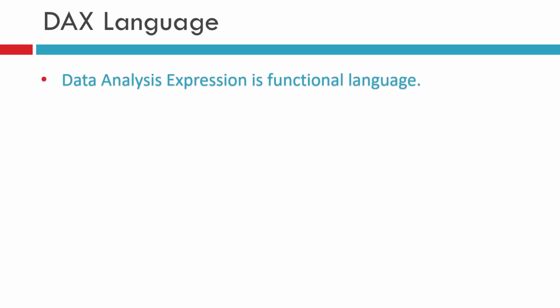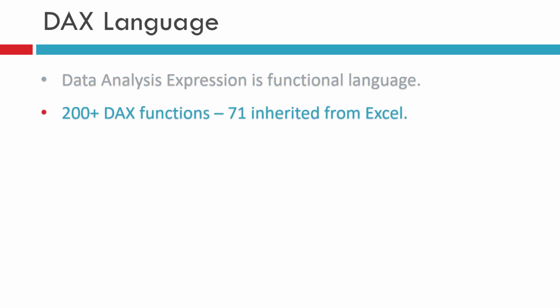Now, first of all, DAX stands for Data Analysis Expression and it's a functional language, which means calculations primarily use functions to generate results. There are 200 plus DAX functions, out of which 71 came straight out of Excel's functional library.